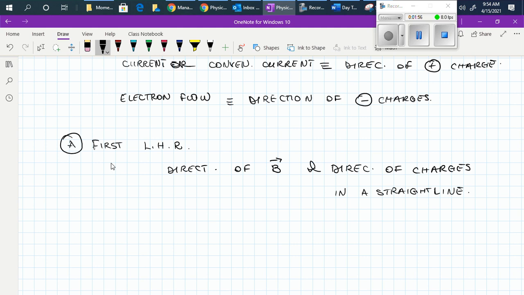So the first rule is saying that the thumb is telling us the direction of the negative charge, or the electron, of electron flow.